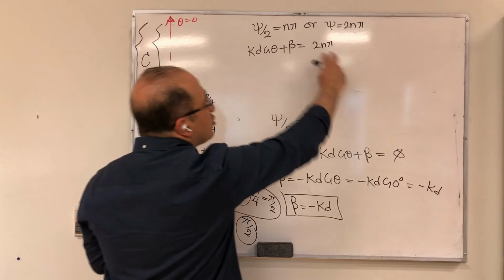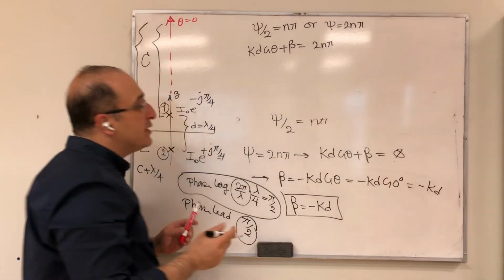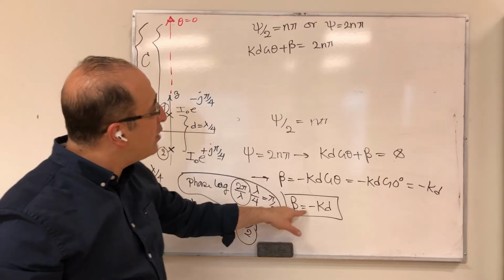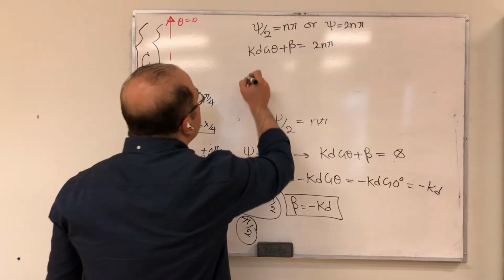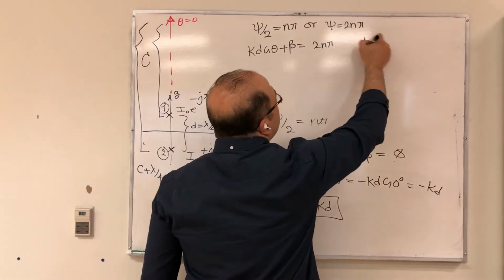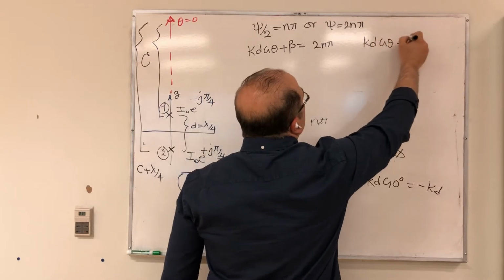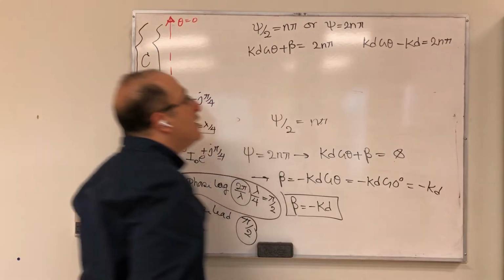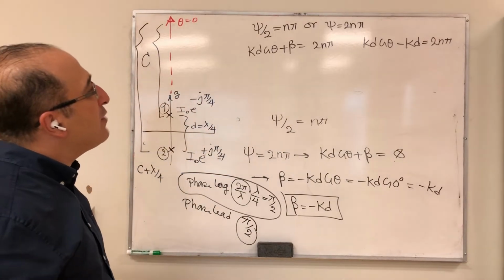Now this time I'm not choosing the simplest one, I'm just choosing the 2n pi. But now I'm fixing my beta to the one that I found, which is minus KD. So now it's going to be KD cos theta minus KD equal to 2n pi. So this is what I have.